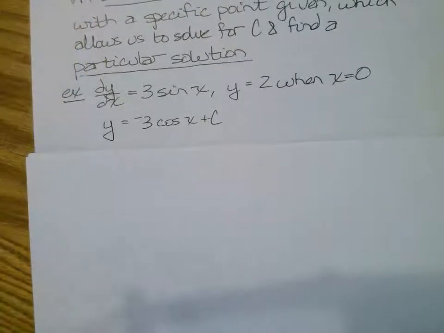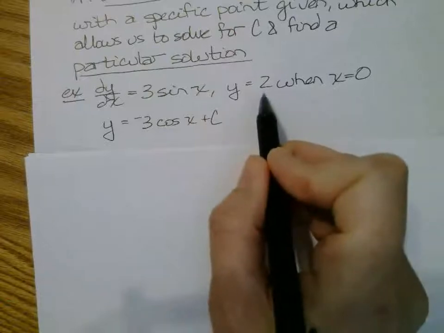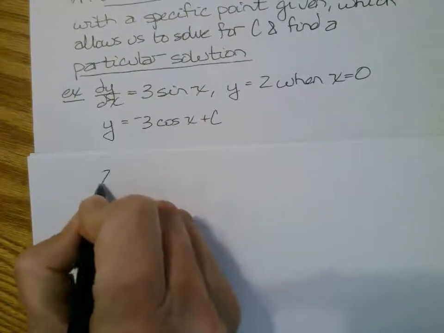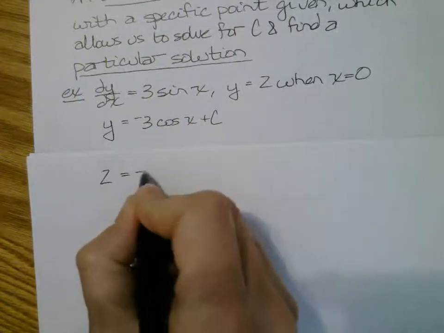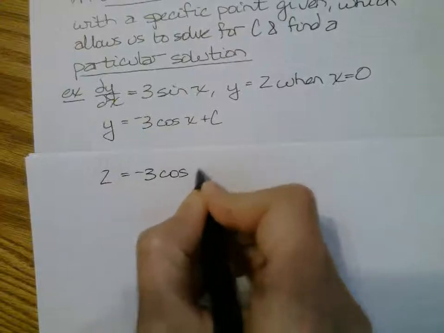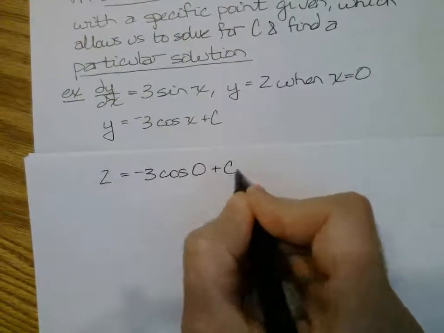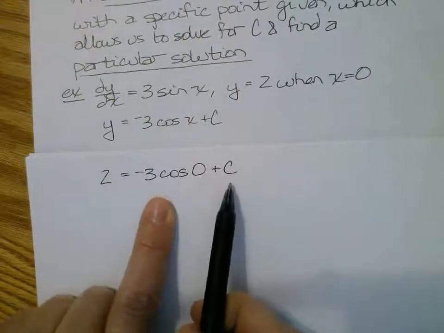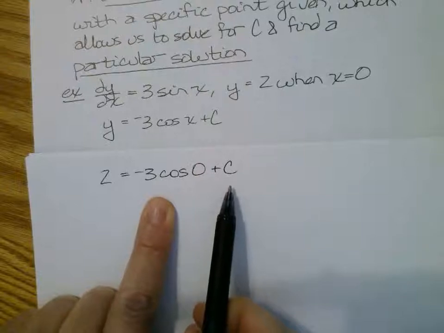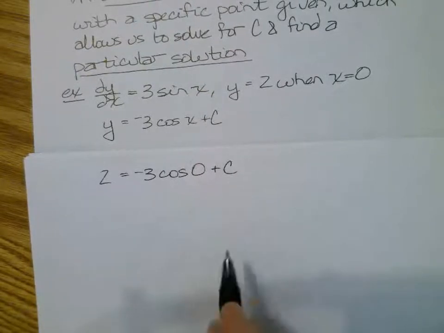And then I'm going to fill in y is 2 when x is 0. When I do that, the only thing I don't know is c, which means we can find c explicitly.